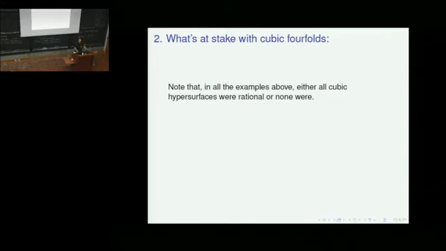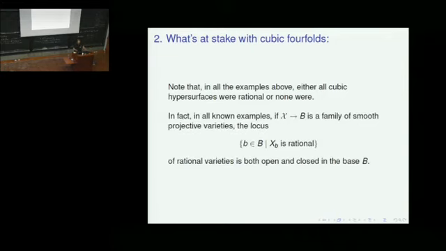And the question we can ask is, is the same thing true in general? In other words, if I have a family of smooth projective varieties over some base B, and I look at the locus in the base where the fiber is rational, is that an open subset? Is it closed? In other words, is the condition of rationality open or is it closed?